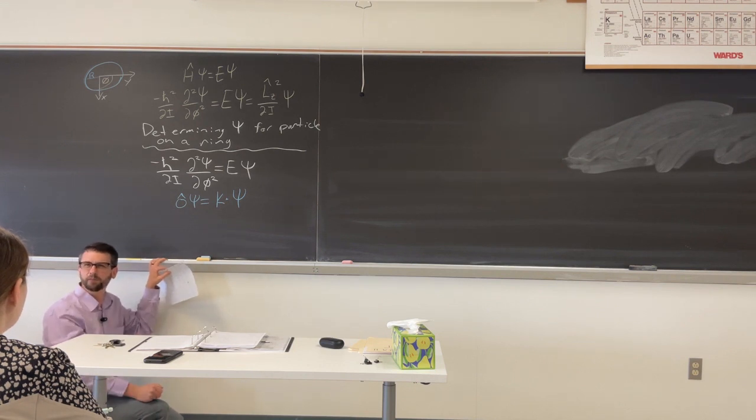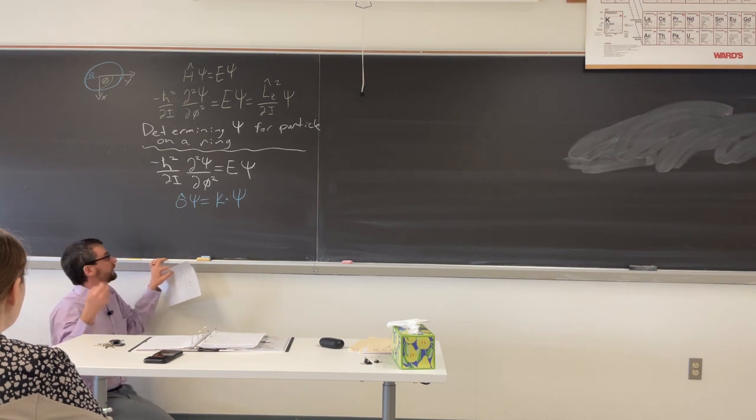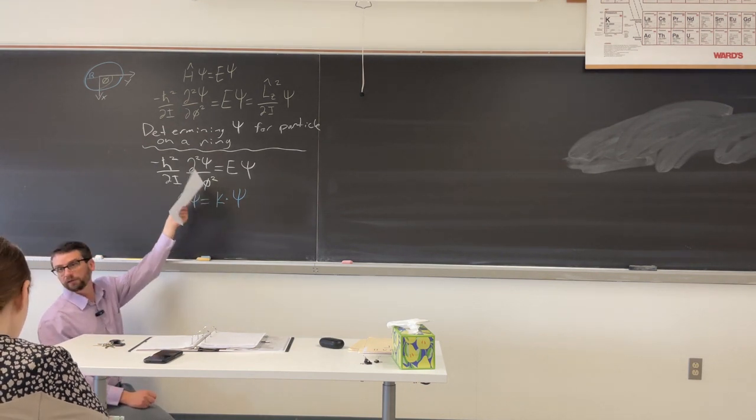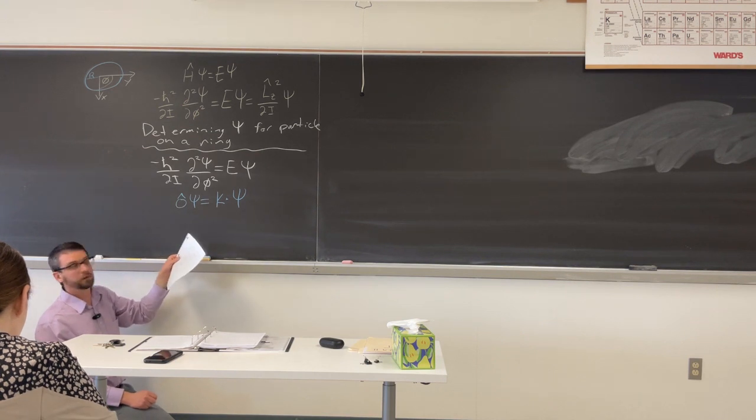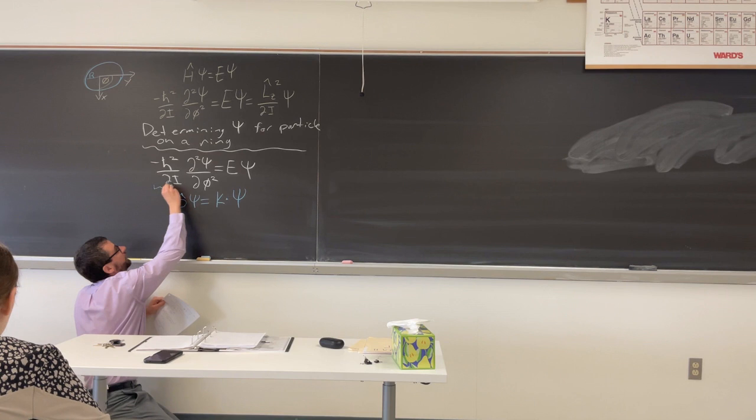What could our operator be in this case for our particle on a ring? Yeah, we'll just use that second derivative as the operator. Okay, what do we want to do with this bit over here then?